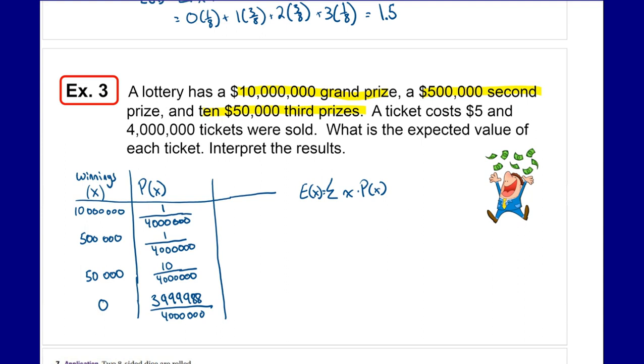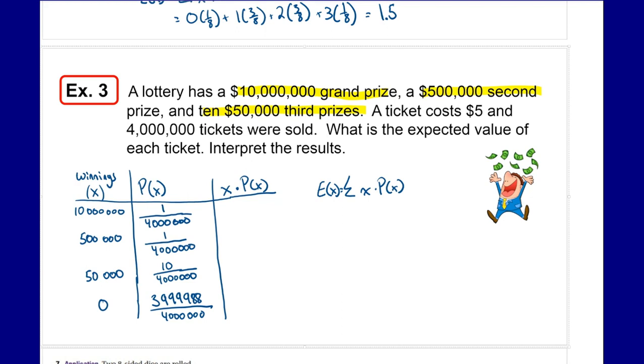Now what we want to do is take each outcome and multiply it by the probability. You could do this in the table or directly in the formula. Either way works. I'm just going to put it into a table because it's a little easier to organize.